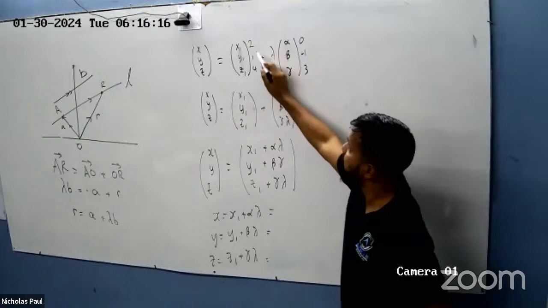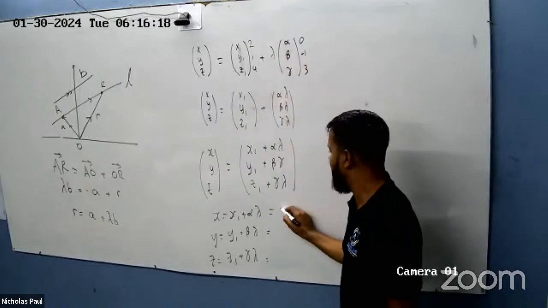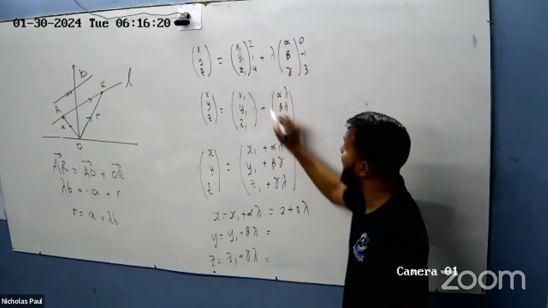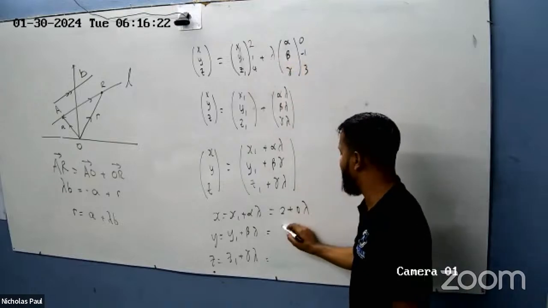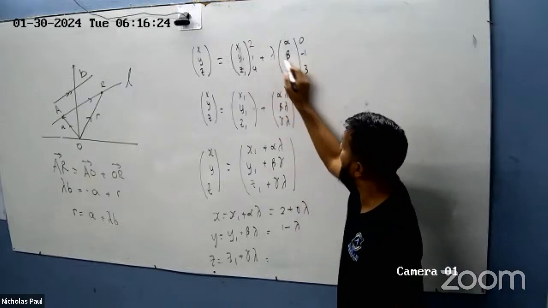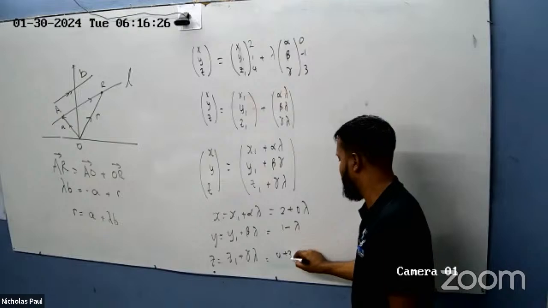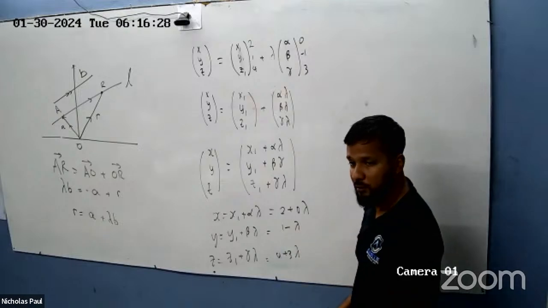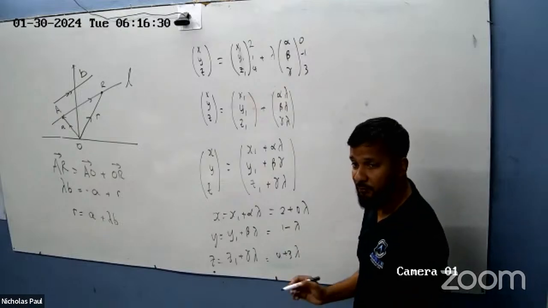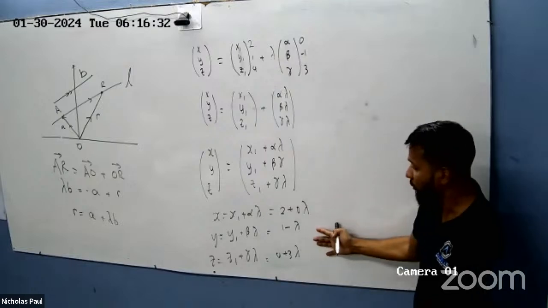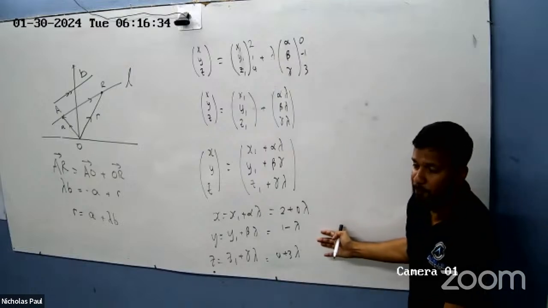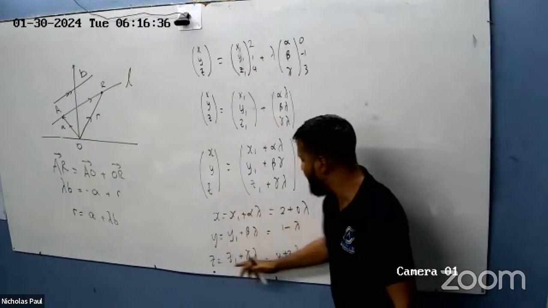What would it be? 2 plus 0 lambda, 1 minus lambda, 4 plus 3 lambda. That's it. That's okay? This is your parametric. X, Y, and Z in terms of lambda.